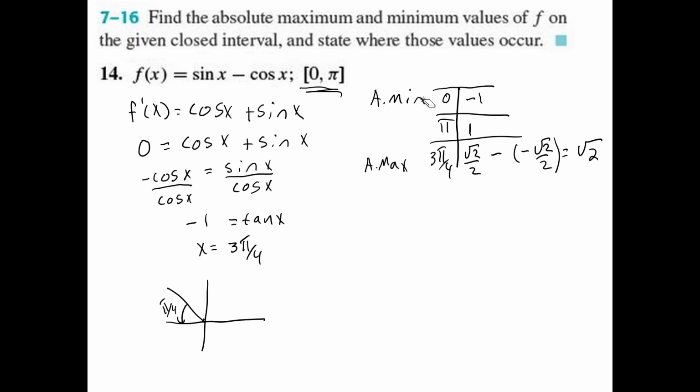We're only interested in the interval from 0 to pi. My scale, I'll make it pi over 4 so that it looks a little prettier. And then my y min, -1, and my y max, the square root of 2. My scale, I'll make it at 1.